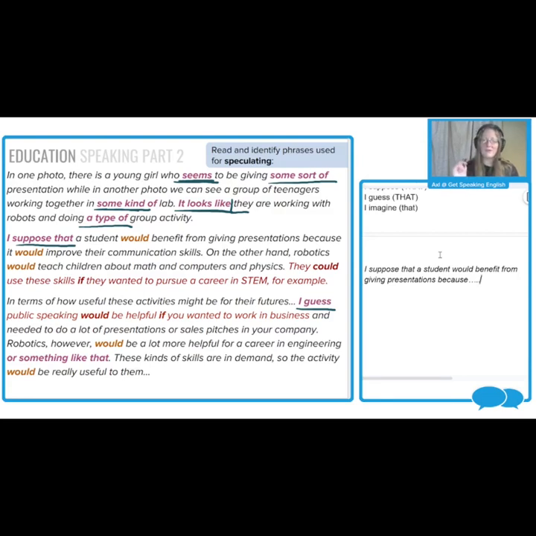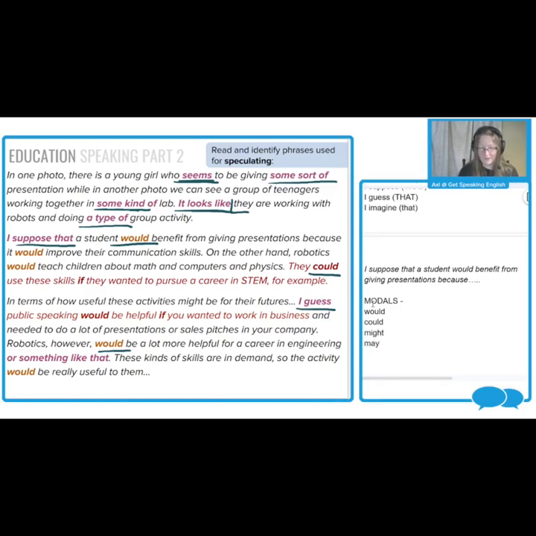You also notice that there's a lot of modal verbs in here. So we have lots of woulds and coulds. And not just any modals. I mean, you could say modals like can and will, but we sound a lot more uncertain if we use those past modal verbs. So would, could, might.